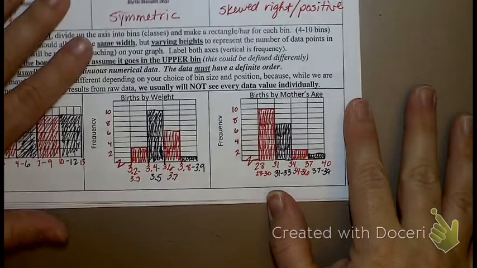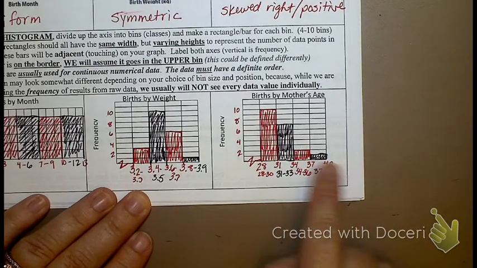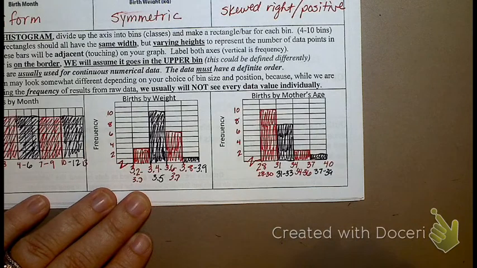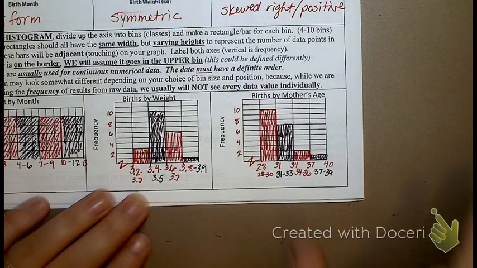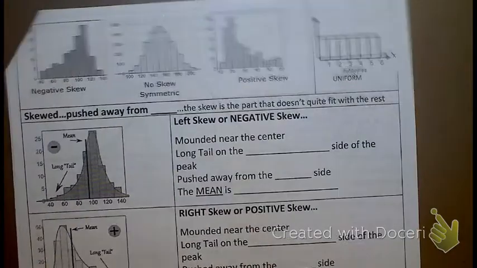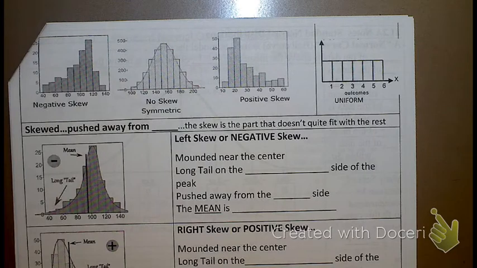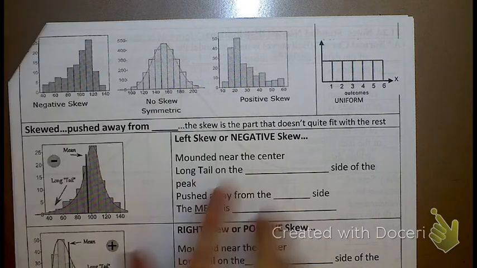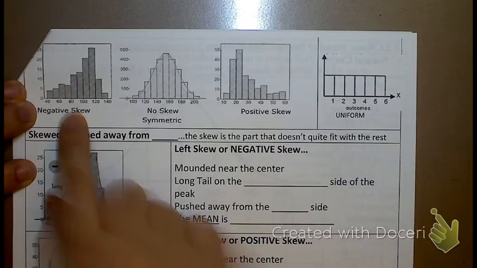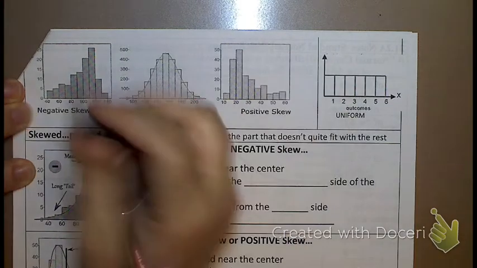So I can pretty clearly see the tail going off there that shows me that it's skewed to the right or skewed positively. Okay, let's turn the page over to here. So here's another example of what it looks like when it has a negative skew or a skew to the left.